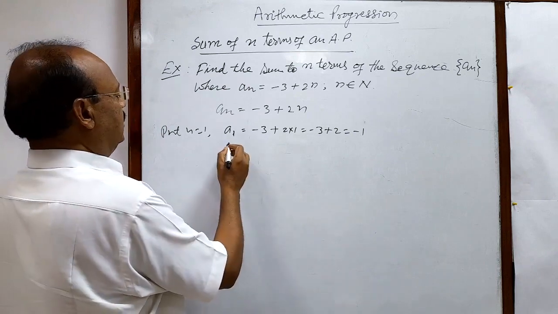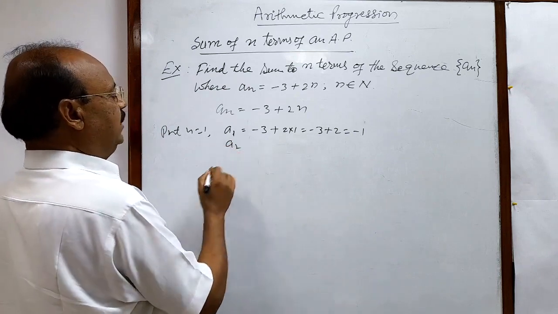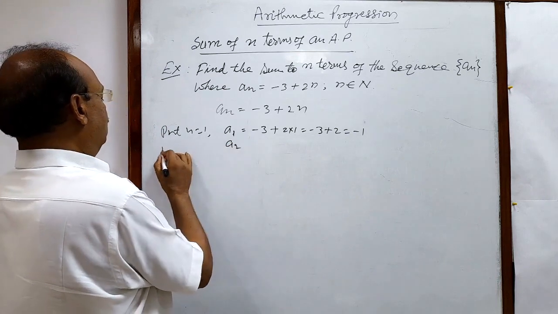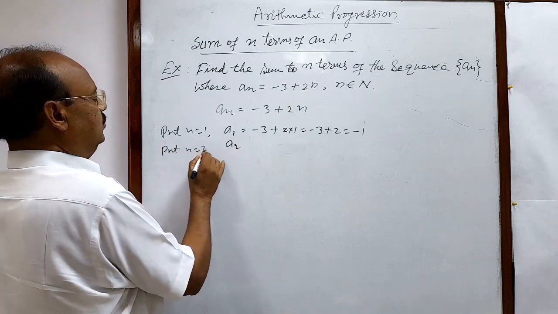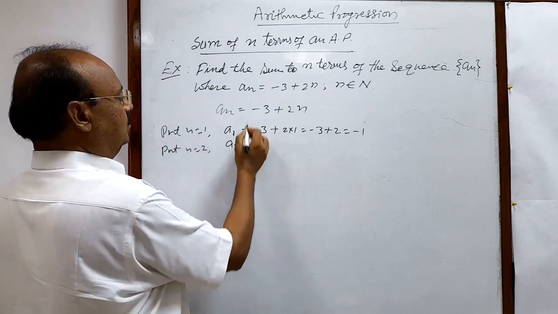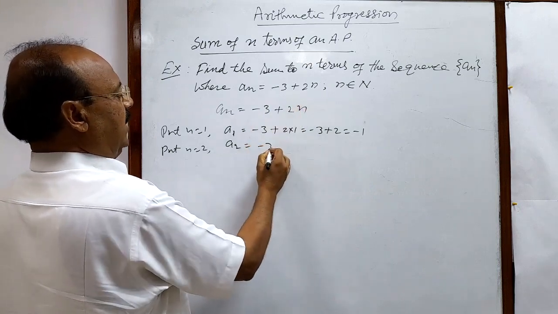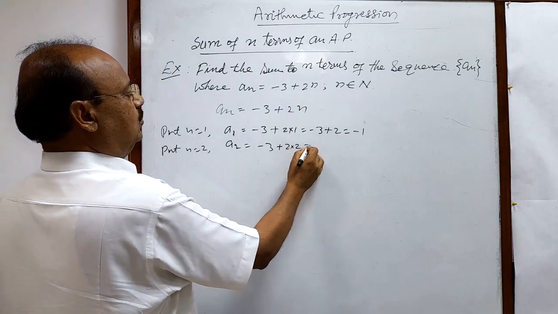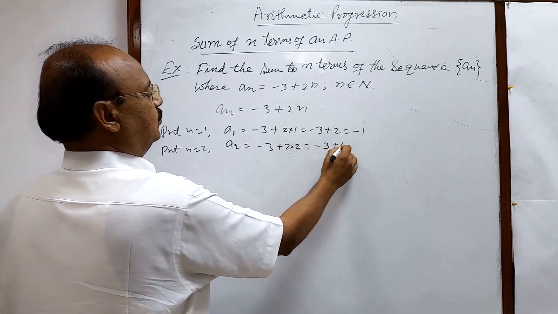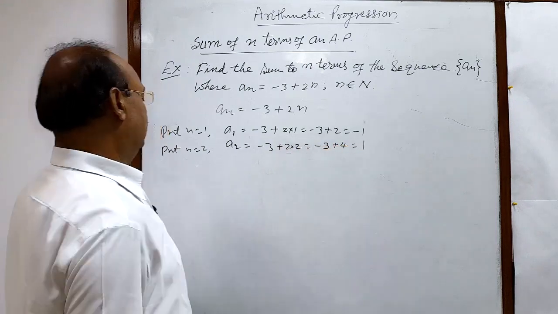And second term a2 we can get from here by putting n is equal to 2. So by this general term a2 will be minus 3 plus 2 times 2. This is equal to minus 3 plus 4 and this is equal to 1.